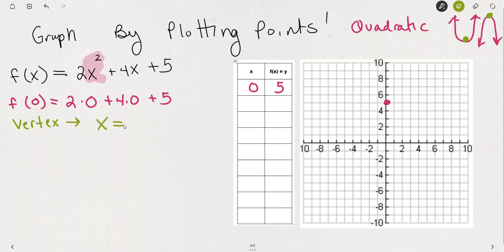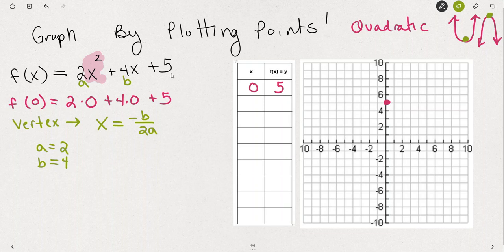The x coordinate is x equals the opposite of b over 2a. And in our equation here, if you have it in order where we've got the highest exponent, the x squared term first, and then the x term, and then the constant, then the first coefficient, that's a 2, is what we'd refer to as A. The second coefficient, that's a 4 in this case, B. And that's all you need to know.